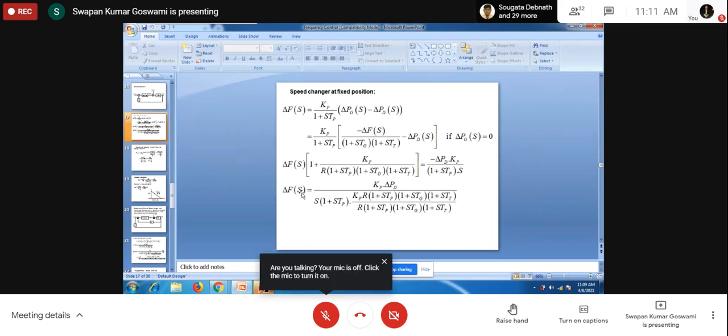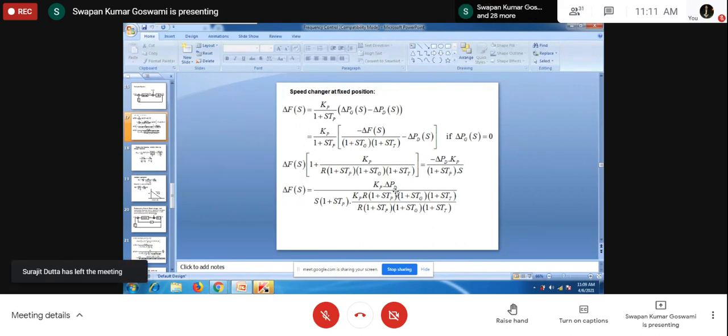Now you see that we have actually not given any input through the speed changer. So we have kept the speed changer position unchanged. As a result, del f s ultimately will be like this in terms of delta PD.